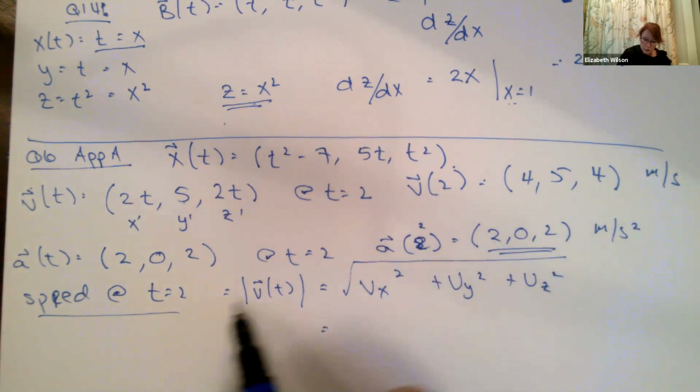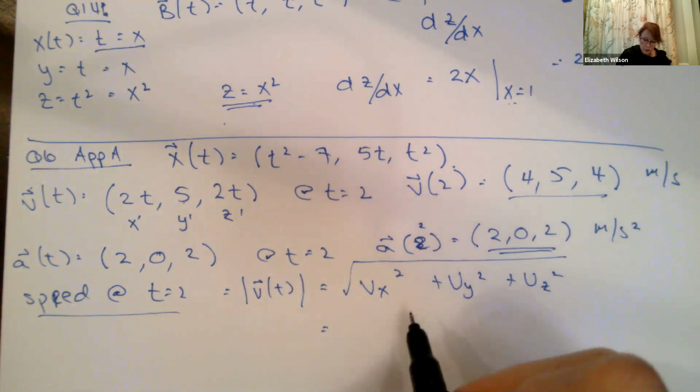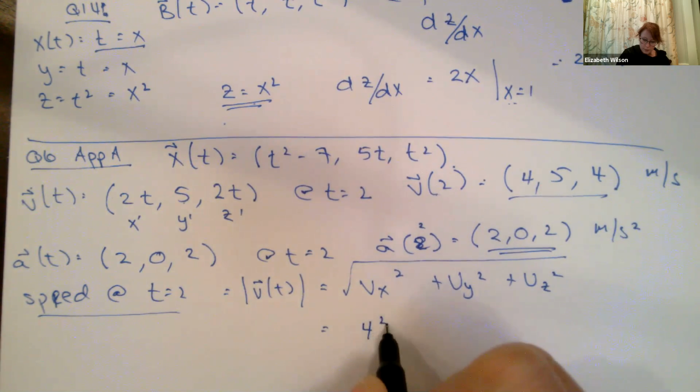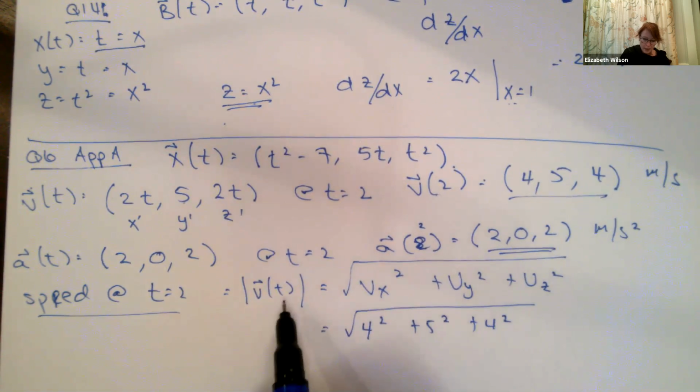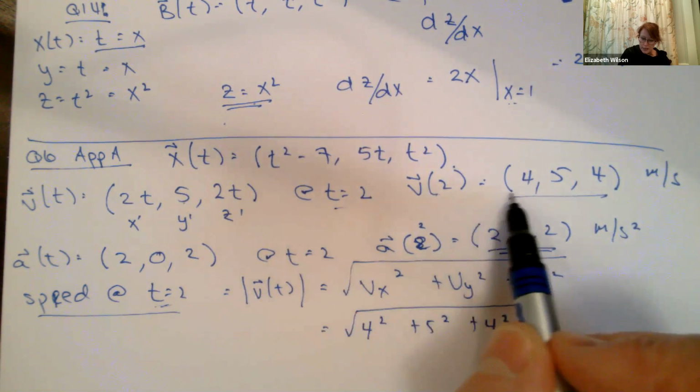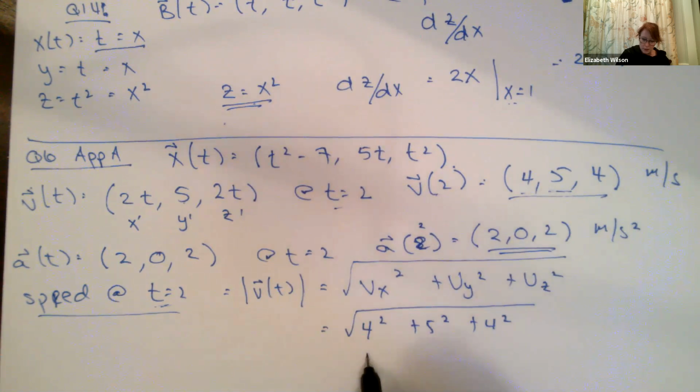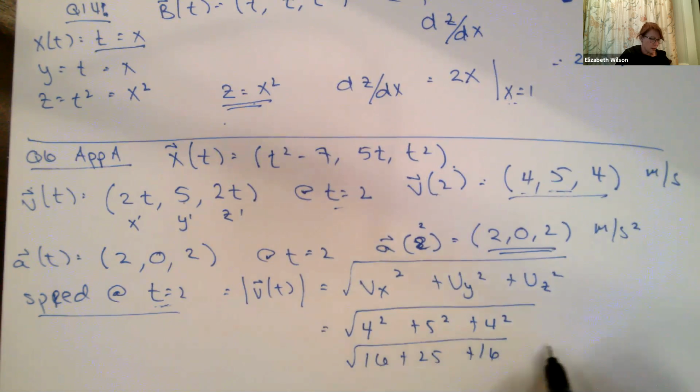So we're doing this at t equals 2. I'm going to take this value here. So this is 4 squared plus 5 squared plus 4 squared, because we already calculated it. They said at time t equals 2, which we already did. So it's 16 plus 25 plus 16, square rooted. Leave it as a radical. I got radical 57, and this is meters per second.